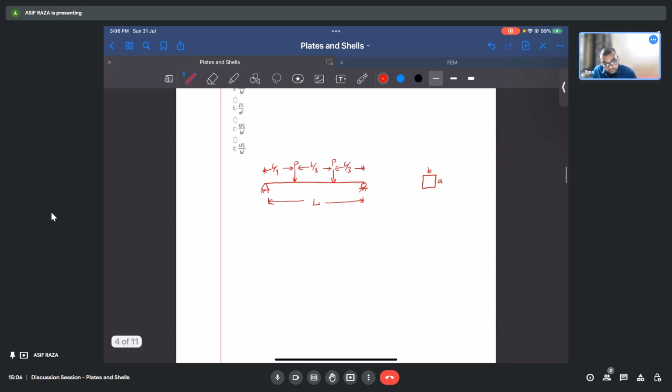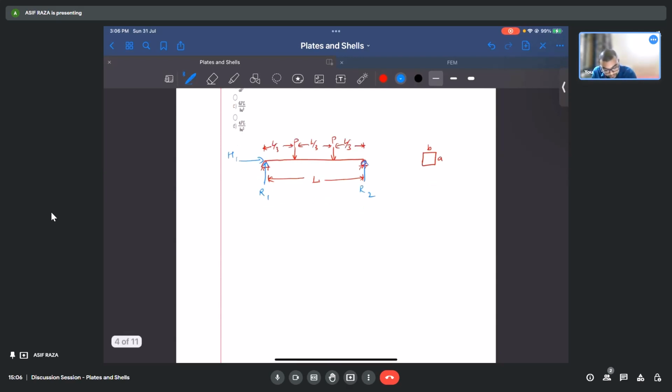So let's first draw what would be the unknowns in this case. Reactions would come out to be this. Take R1, R2 and H1. Summation of Fx equal to 0 will give me H1 equal to 0.